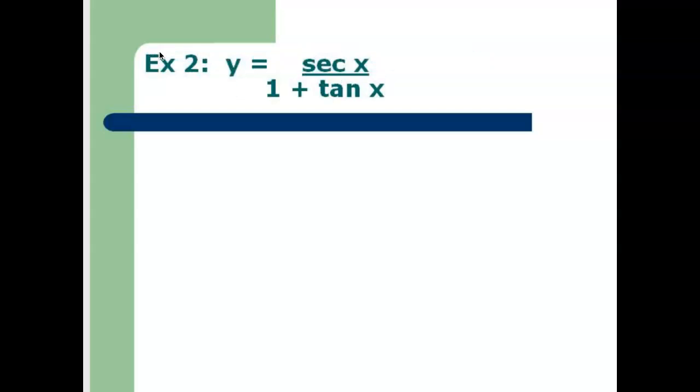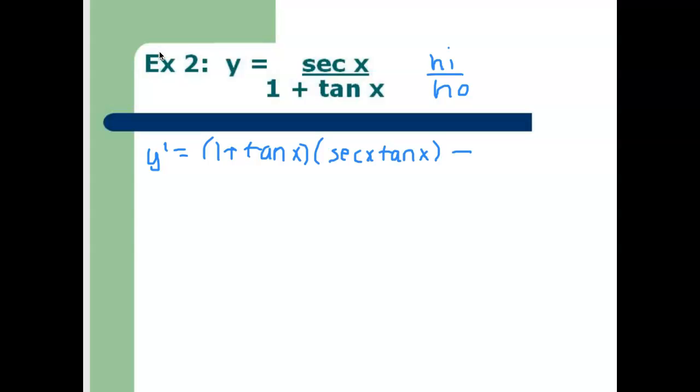Okay, you have secant x over 1 plus tan x, which means we need the quotient rule. So it's low d high, high d low: low times the derivative of secant, minus high times derivative of the low.